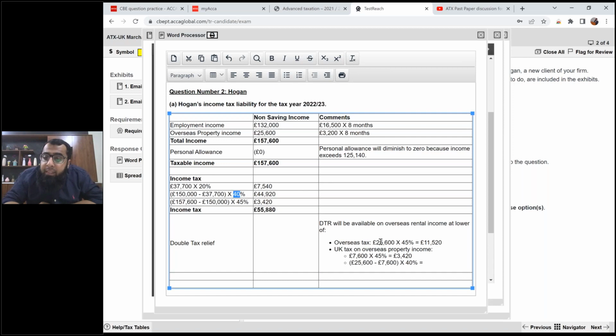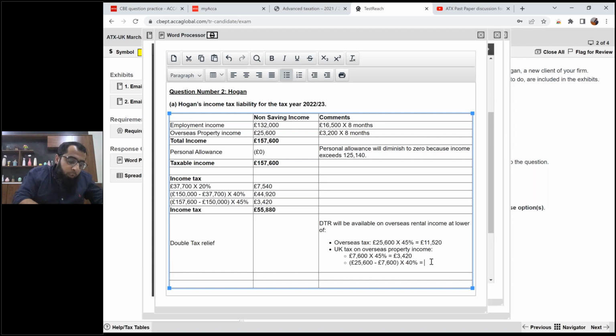See, if I tax this 25,600 in UK at 20%, my DTR will get reduced. So I'm taxing it at the last portion. I'm placing it at the end portion. So 7,600 at 45% and the remaining amount at 40%.